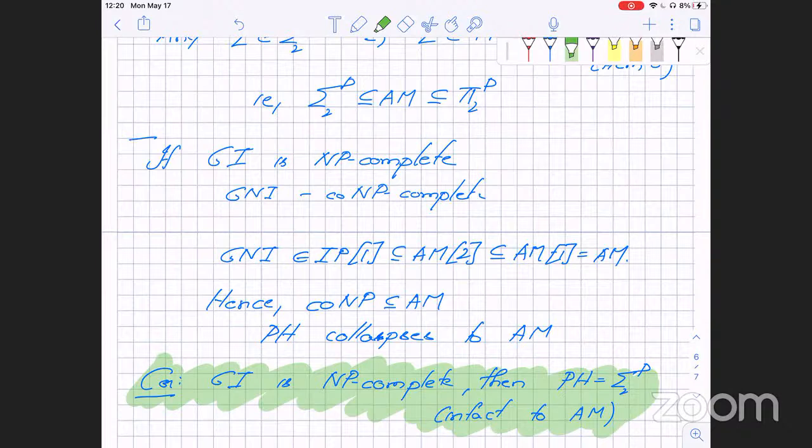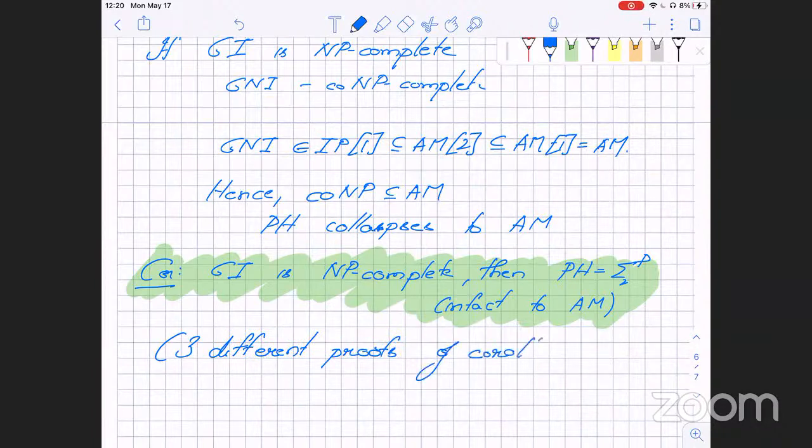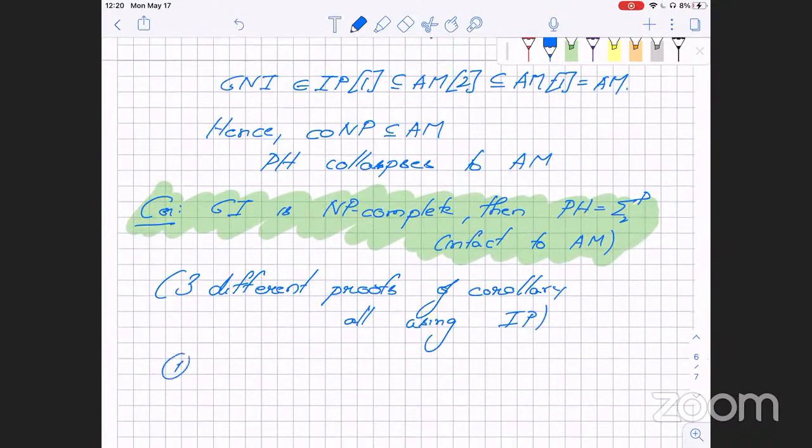Okay. By the way, to my knowledge, I know 3 different proofs of this corollary, all of which go via interactive proofs. The first one is the one above.